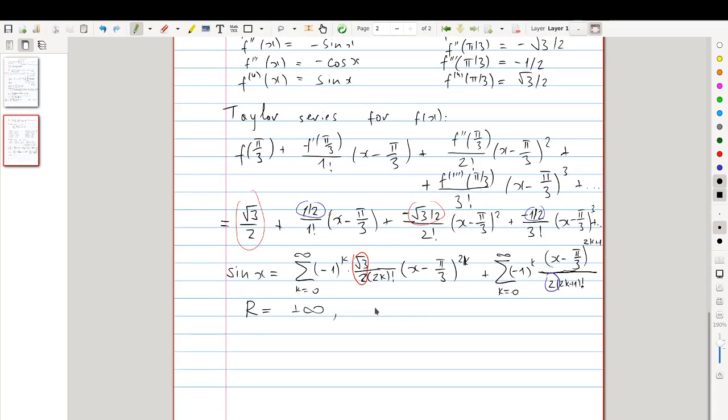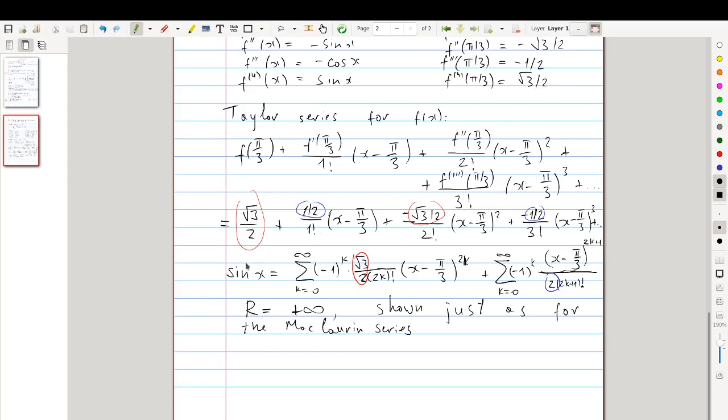And this is shown just as for the Maclaurin series of sine x. So I will skip this computation and leave it to you as an exercise.